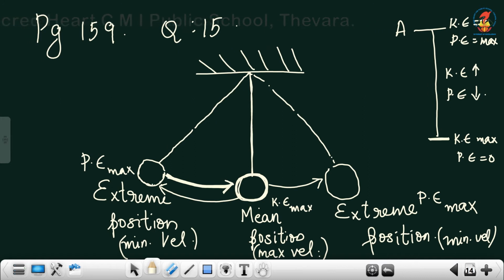Similarly, at extreme position, potential energy is maximum and kinetic energy is 0. And at mean position, kinetic energy is maximum and potential energy is 0. At any point midway, potential energy decreases and kinetic energy increases. This is the case of a simple pendulum, just similar to the free fall condition.